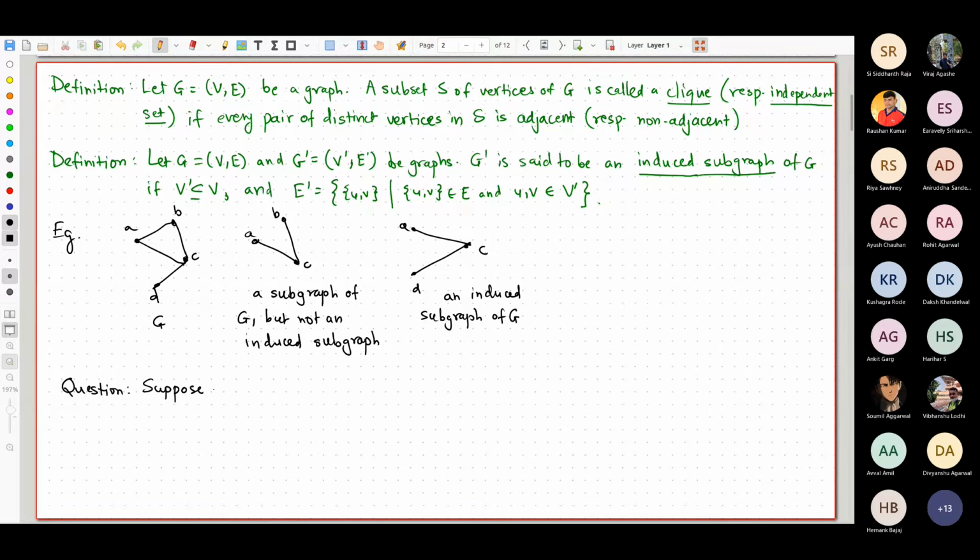Suppose G prime is a subgraph of G. G equal to (V, E), G prime equal to (V prime, E prime). S, a subset of V, is a clique of G. And the other question is going to be, respectively, an independent set.